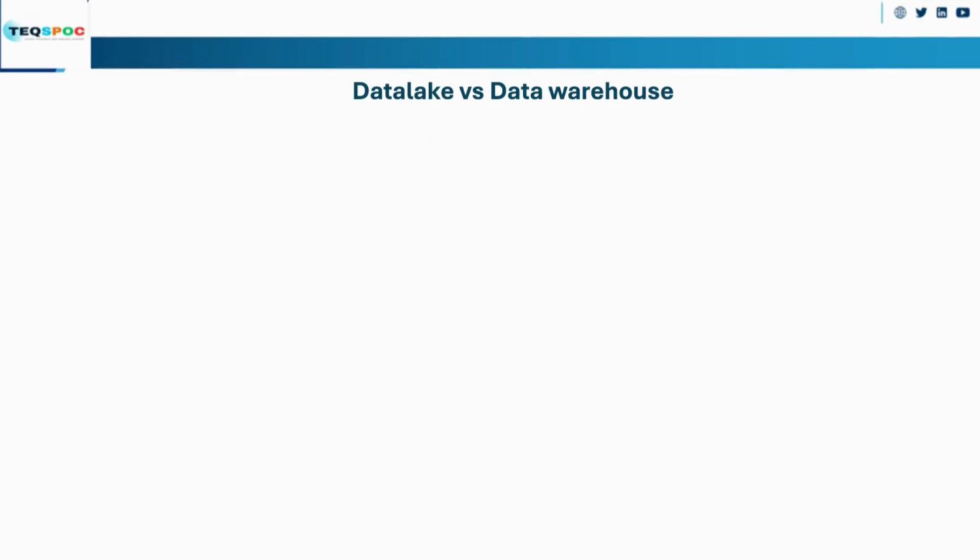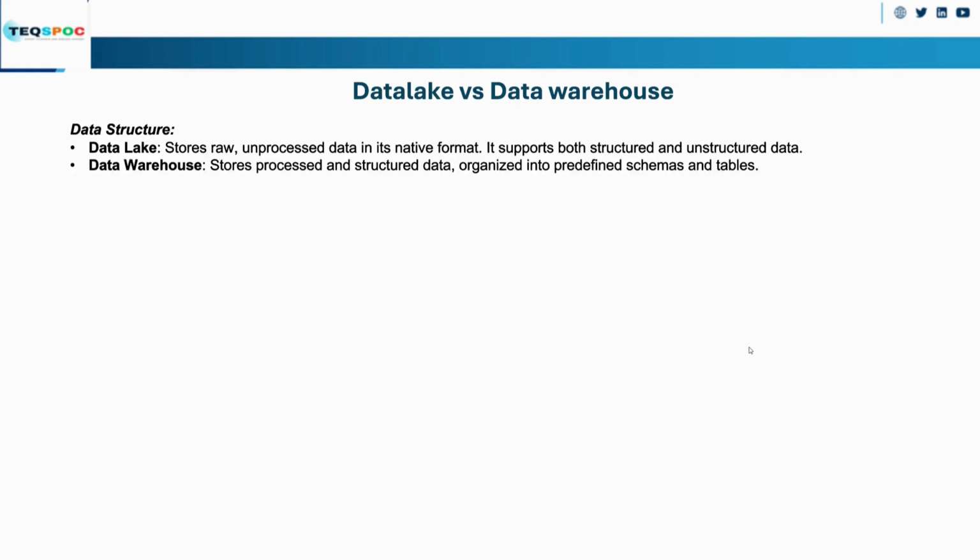Now to summarize, let's talk about the differences between the data lake and the data warehouse and when we should use them. So the first key difference is the data structure. As I just mentioned, a data lake stores raw and processed data in its native format. It supports both structured and unstructured data.